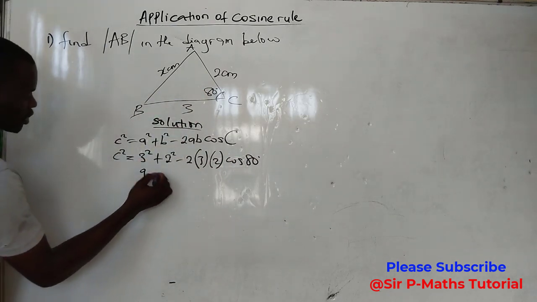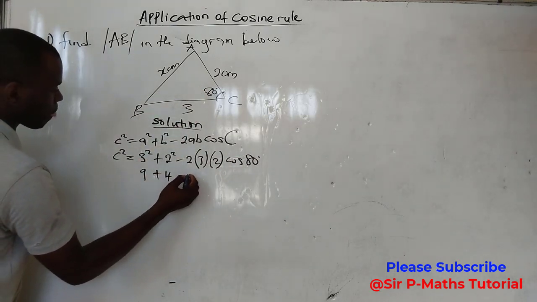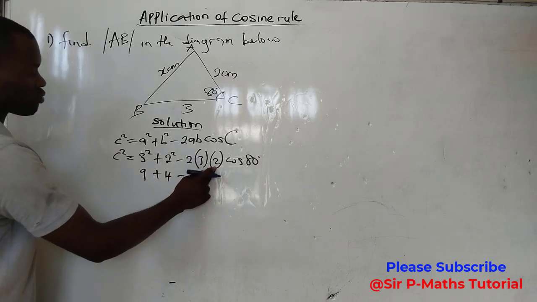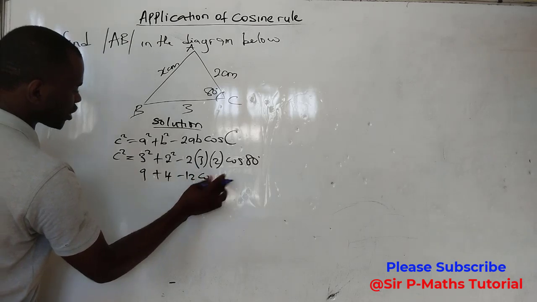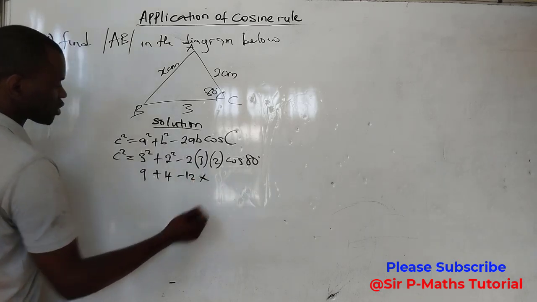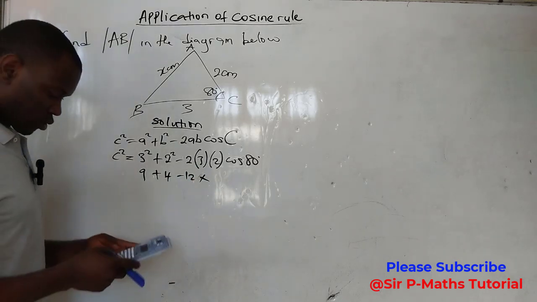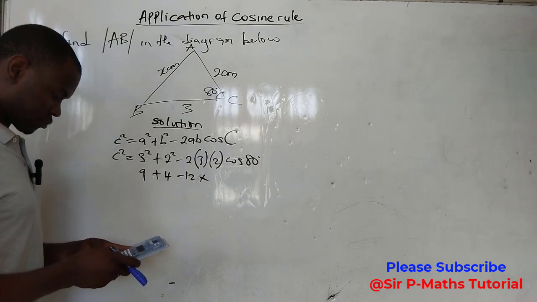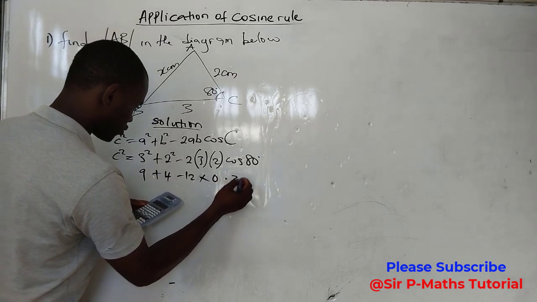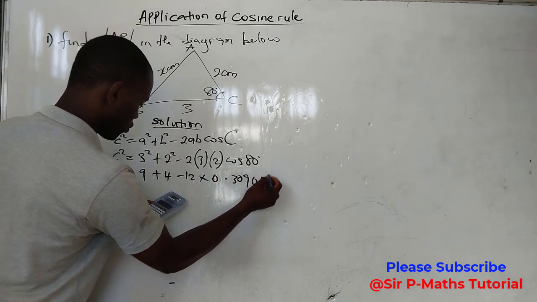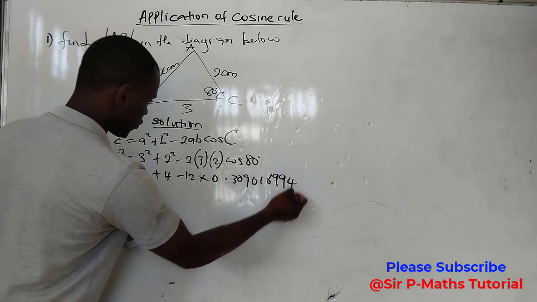3 squared is giving me 9, 2 squared is 4, minus 2 times 3 times 2, 3 times 2 is 6, times 2 is 12, then cos 80. Let us get the value of cos 80. Cos 80 is equal to 0.3090169994.